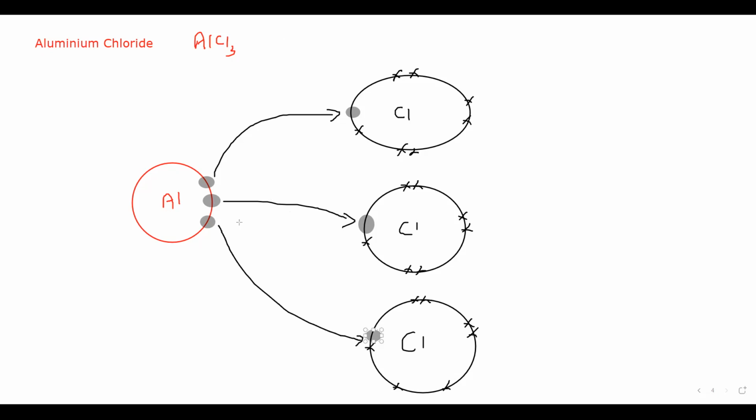So you should erase or remove these electrons. In the exam, if you show electrons present here as well as with chlorine, you will lose the mark. So you should show that it lost the electrons from the last shell. Now what will be the charge on aluminium?